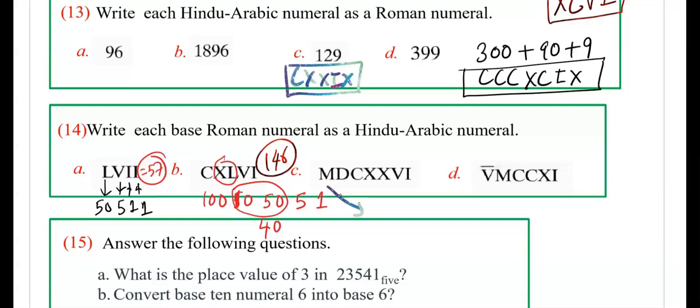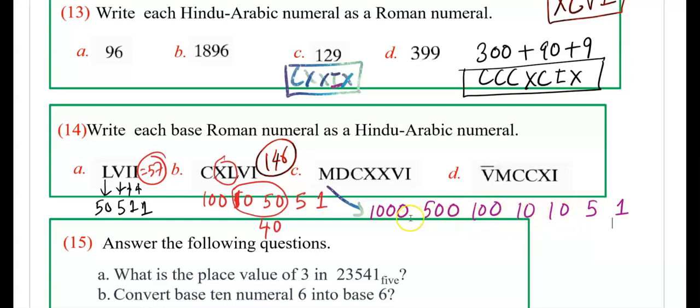Let's do C here. All right, what is M? 1000. D, 500. C, 100. X, 10. Other X, 10. V is 5. I is 1. But notice that in the sequence of numbers, there is nowhere a smaller value in front of a larger value. No. Everything is decreasing here, right?